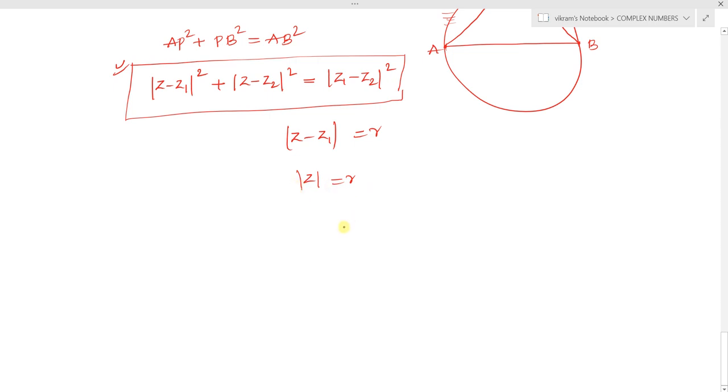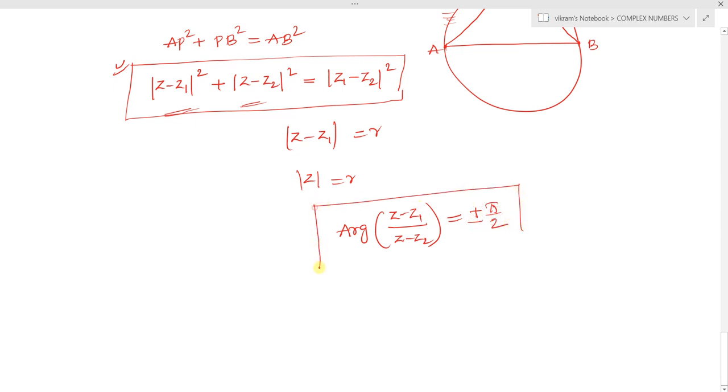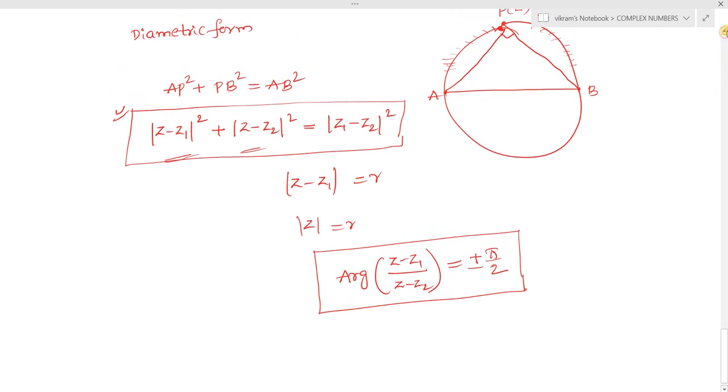We can also represent this as argument of (z minus z1)/(z minus z2) equals plus or minus pi by 2, which also represents a diametric form of a circle. Why? Because in the semicircle the diametric form forms a 90 degrees angle.